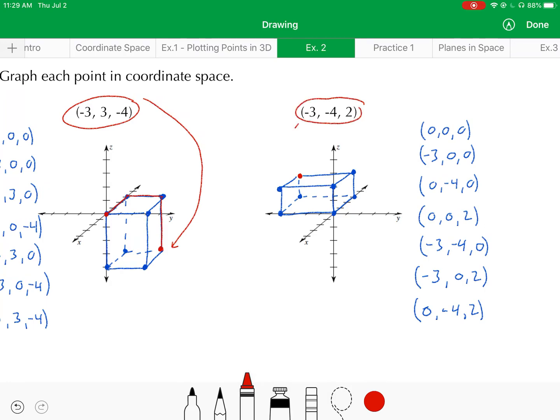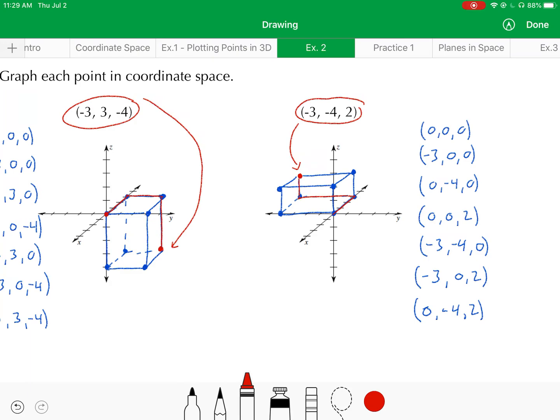So this point is right here. Make sure it makes sense in relationship to the origin. So you're moving 3 units back, 4 units left, and then 2 units up.